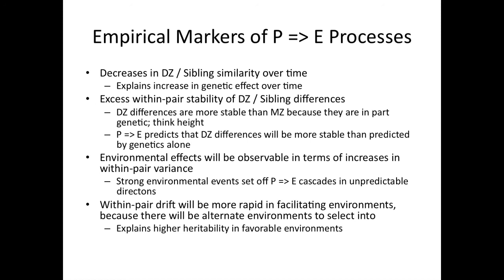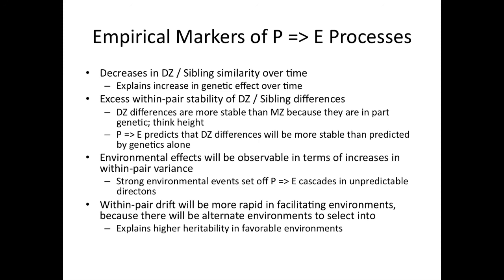So models that have P to E in them, and again, I think I'll make this short, reproduce all of the characteristics of intentional genetics. In particular, I think that one down there is the important one. Environmental effects are observable in terms of increases in within-pair variance.